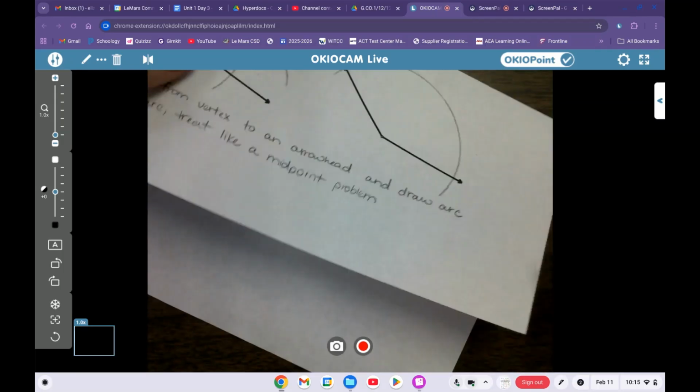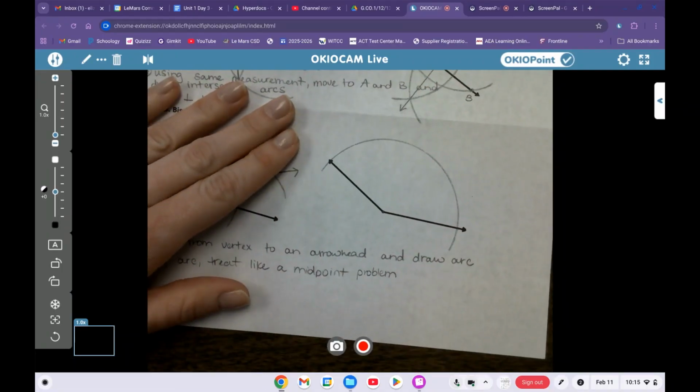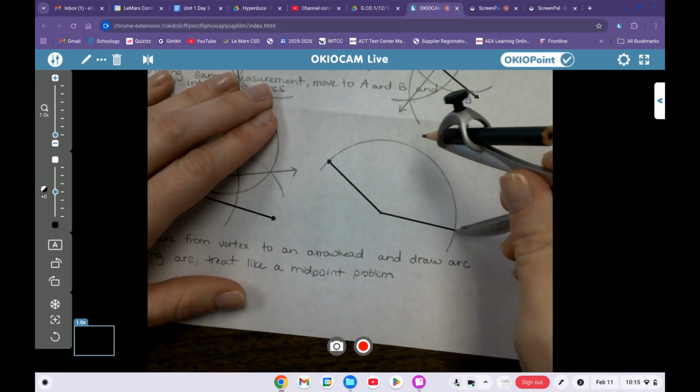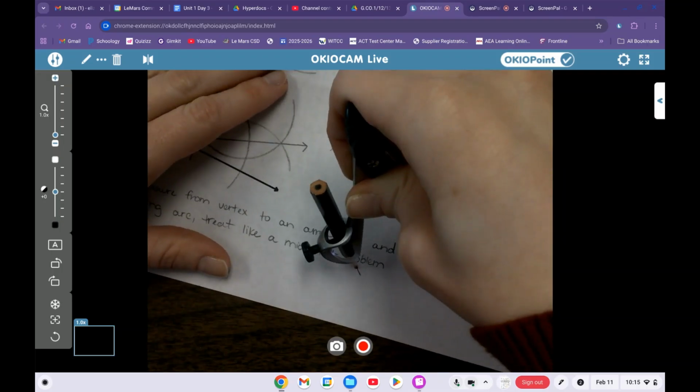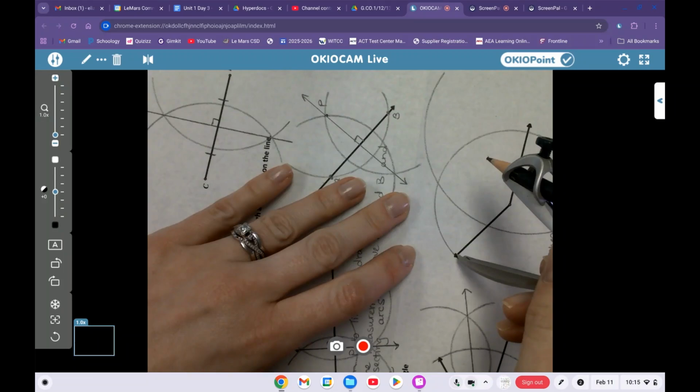I might need to unfold my paper for this. Give me 1 second here. And I'm going to draw an arc from this endpoint. And I'm going to draw an arc from this endpoint.